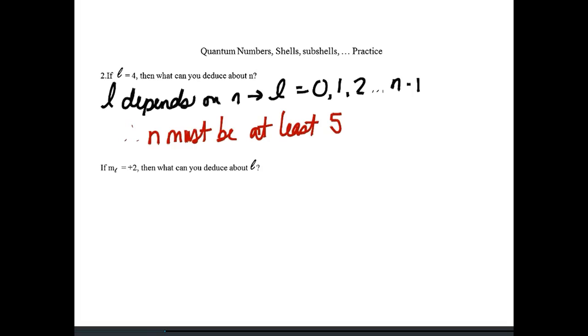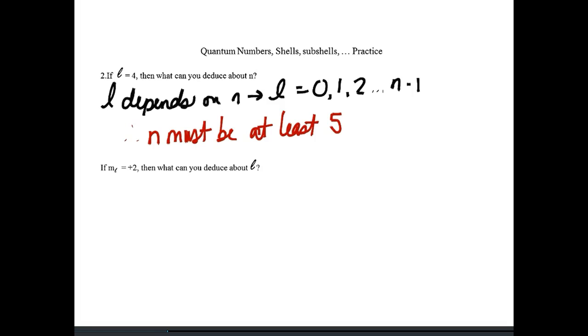I don't know if that makes sense, but you can always go backwards in your head and say, if N is 1, L can't be 4. If N is 2, L can't be 4. If N is 3, L can't be 4. So L can only be 4 for values of N that start at 5. If N is 5, that means L can be 0, 1, 2, 3, or 4. So N has to be at least 5 to get an L of 4.